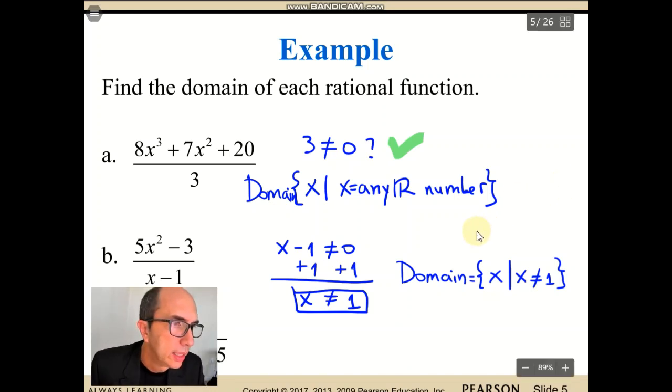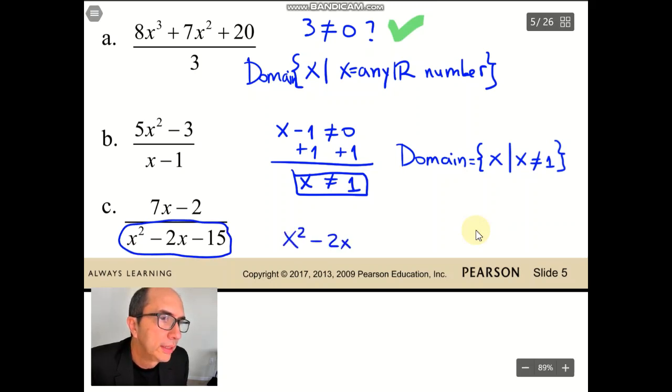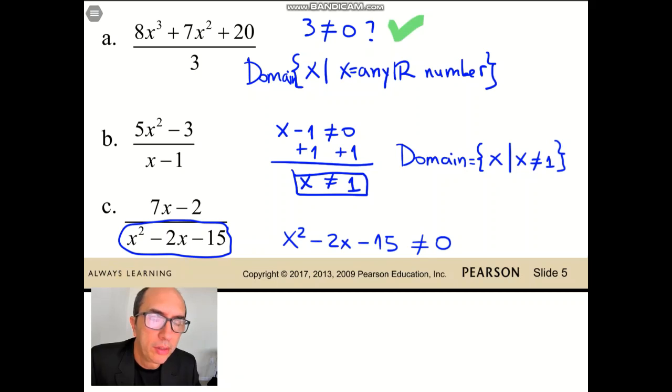Next example, letter C. We're gonna have to do the same thing. We're gonna check this denominator here and make the denominator x squared minus 2x minus 15 different from 0. What would make this denominator equal to 0? That's what you're gonna find first.